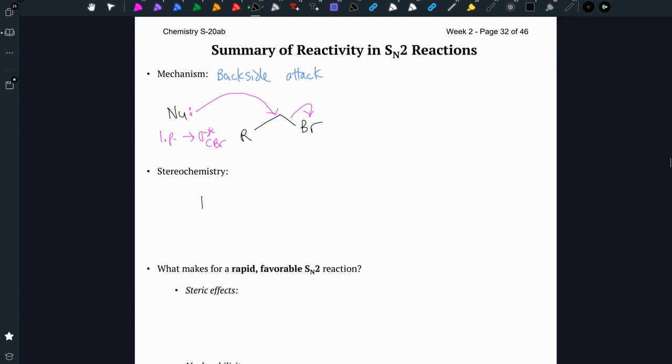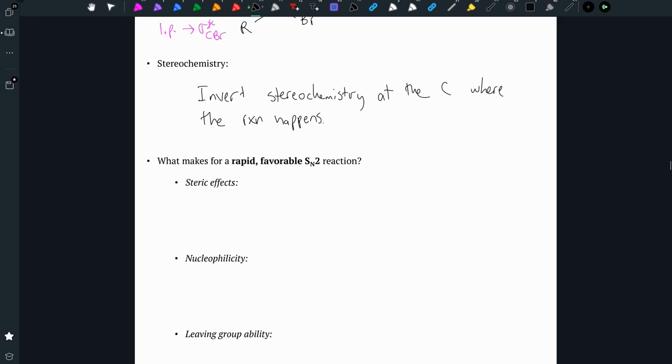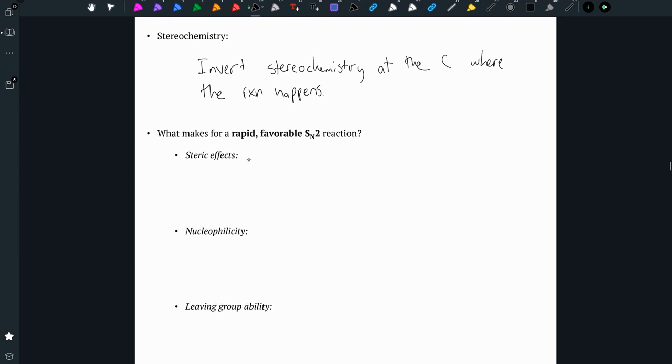Stereochemistry: you invert the stereochemistry at the carbon where the reaction happens. For it to be rapid, you need to have sigma star C-X accessible.